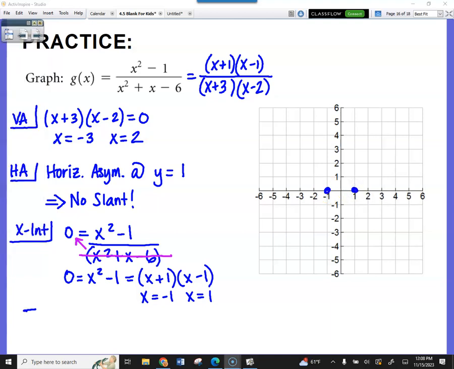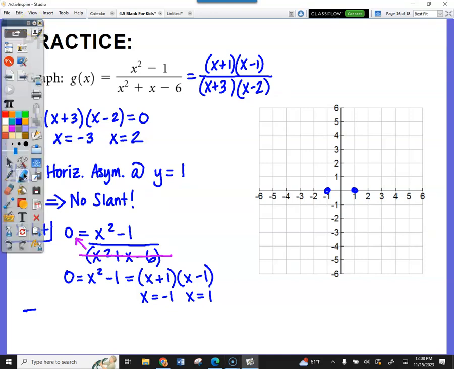Okay, before lunch, we were starting to graph this. We found the vertical asymptotes, which I have not plotted yet, so I'll go ahead and plot those. We've got one at -3 and 2. We found the horizontal asymptote at y equals 1.